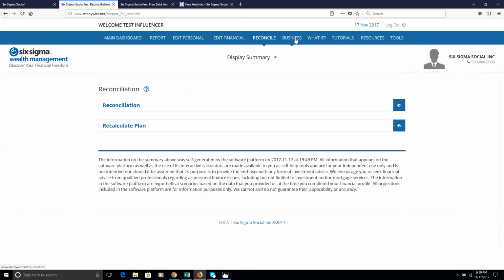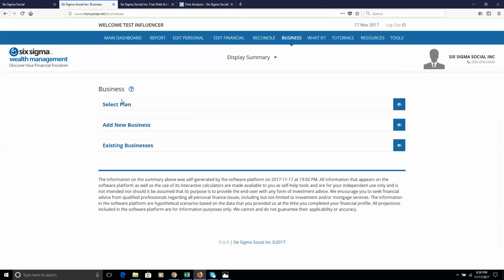Now here's something that's nice. If you want to, you can add more businesses. Your subscription is not just for one profile. You can have as many profiles as you like. Maybe you've got a property rental business, maybe an MLM business, or maybe you just want an account as a demo to show to people.